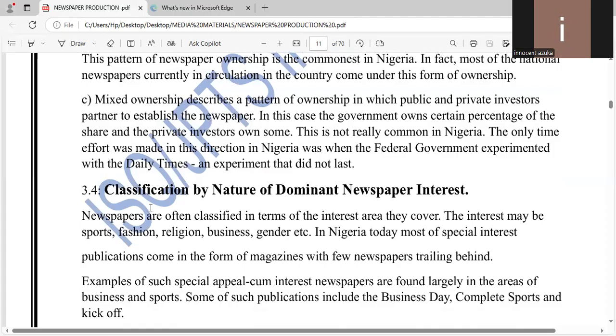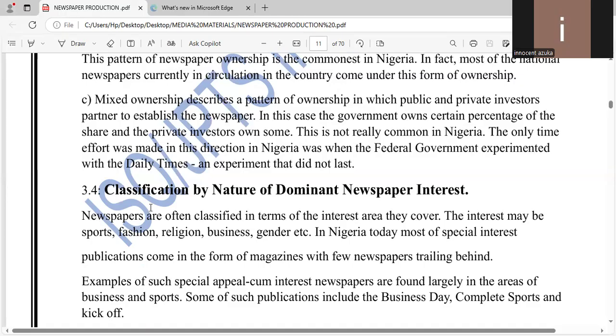Now, classification can also be done by the nature of dominant newspaper interest. Newspapers are often classified in terms of the interest area they cover.